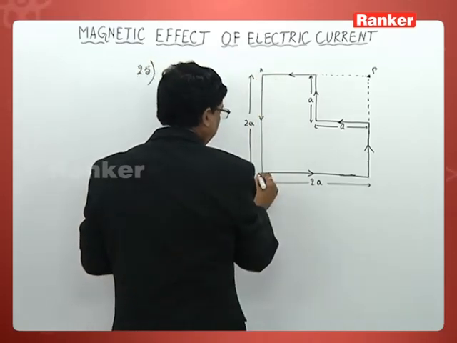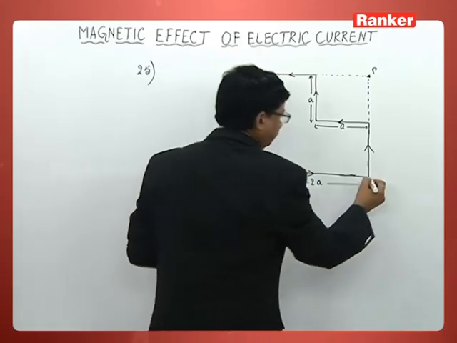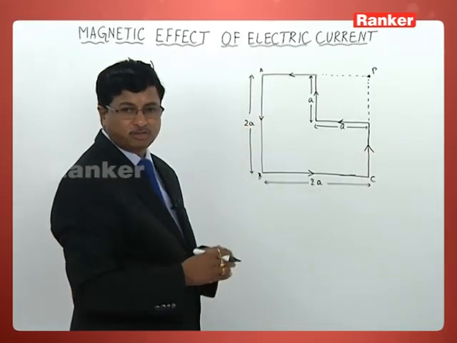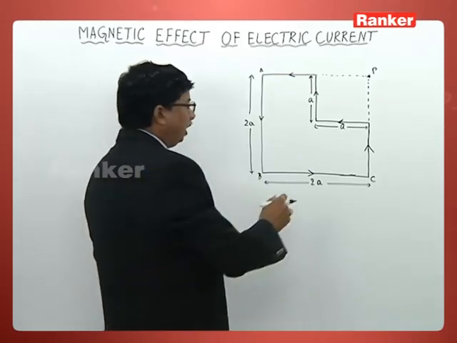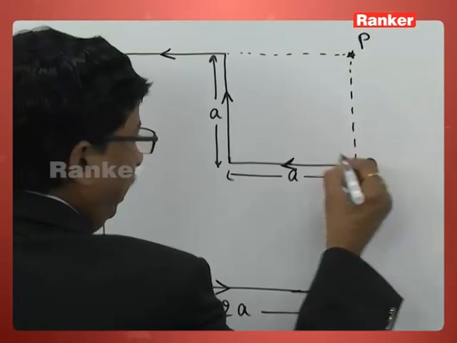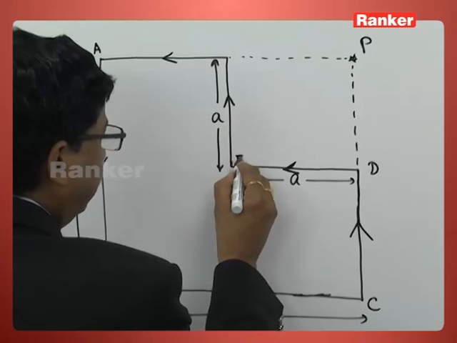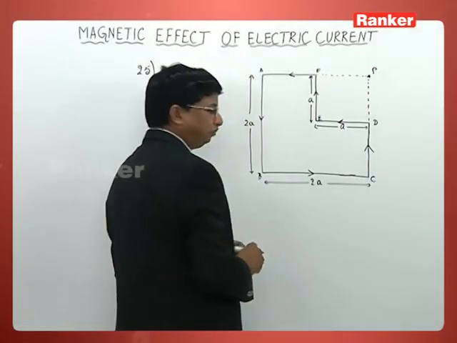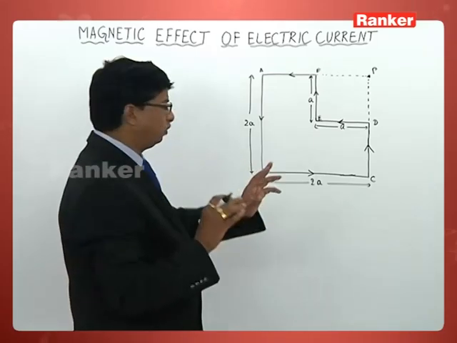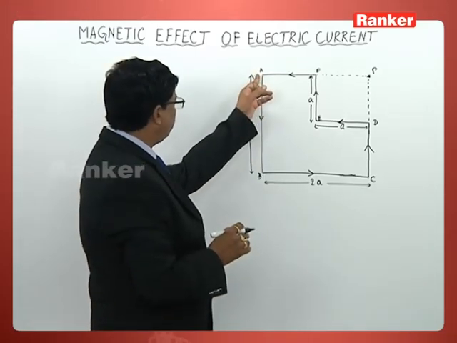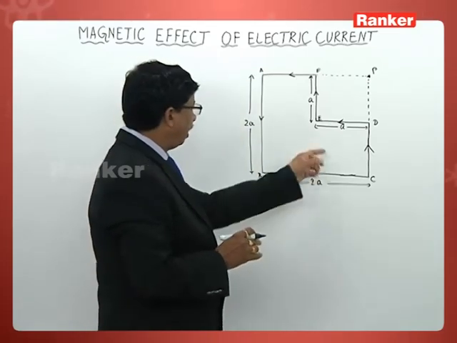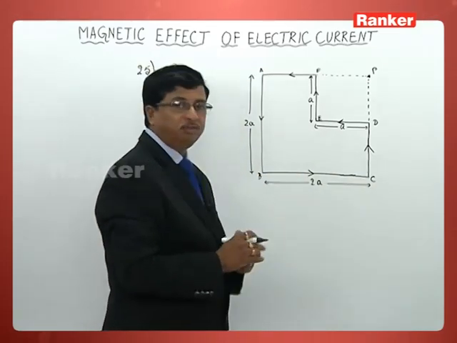This is A, this is B. This one you can take as C. It is also mentioned there. And of course this point is given as D. This is given as E. And this one is given as F. So first you calculate what is the magnetic induction due to this straight conductor AB and due to this conductor BC.